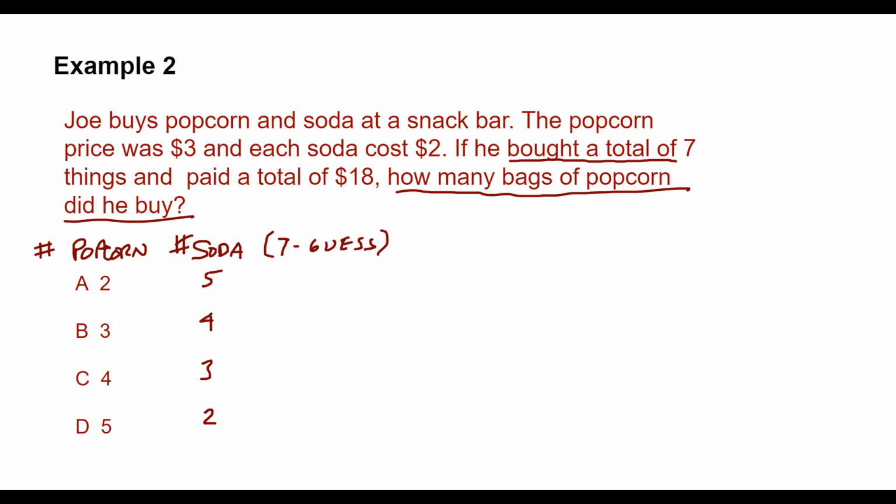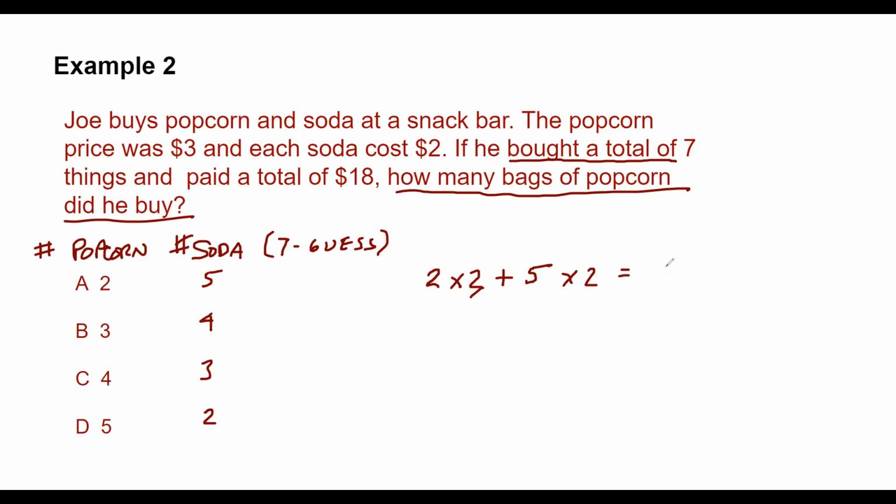Now we have to do that slightly tedious part where we are calculating the cost. We want to make sure that we get the right price with the right item. Popcorn, $3, soda, $2. So for option A, it would be 2 popcorns times $3 plus 5 sodas times $2.